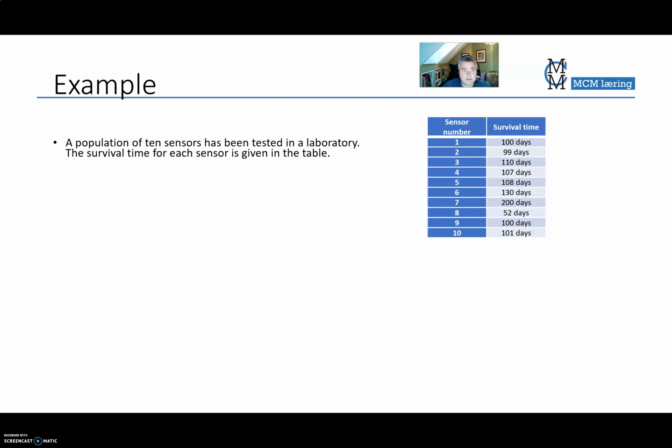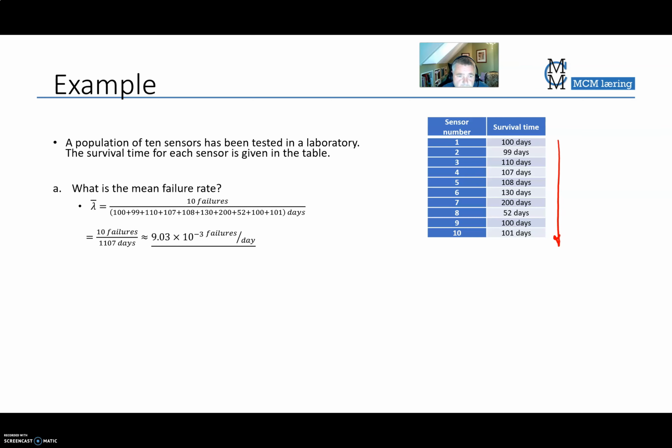Example here. For a population of 10 sensors that have been tested in the laboratory, the survival times are given here. From that I can calculate the failure rate. The failure rate would be 10 failures over the sum of days. That would be my lambda mean.